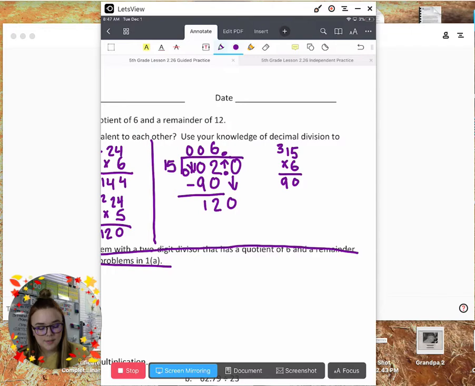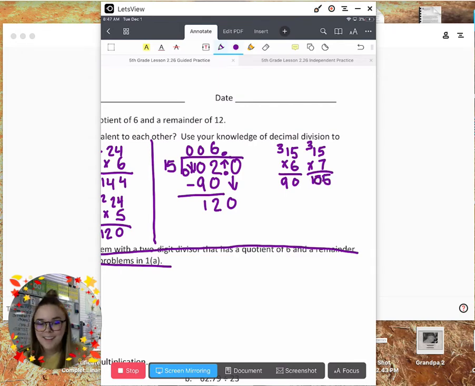So since 90 is smaller than 120, let's try 15 times 7 and see if we get any closer. So 7 times 5 gives me 35, and 7 times 1 gives me 7, plus 3 gives me 10.